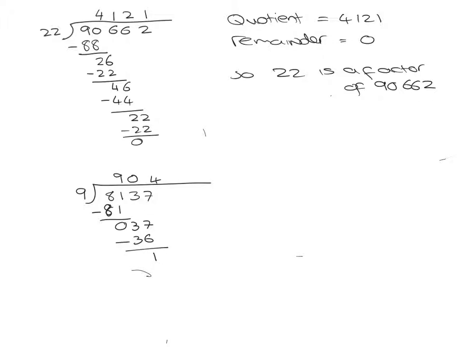So what that means is the quotient is 904. But 9 is not a factor because the remainder isn't 0. So the remainder equals 1. So it's not a factor.